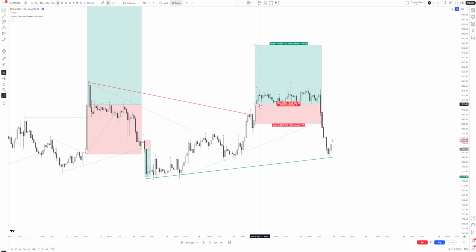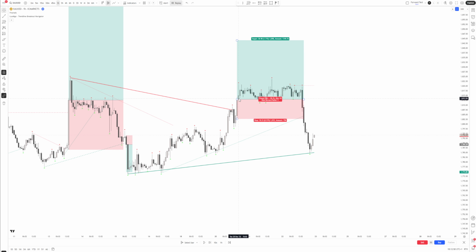It started off in the Asian session, and then we ended up having the Asian session here moving sideways. So that is something that you could potentially look at, thinking, okay, I'm only going to enter on the London session or the New York session.